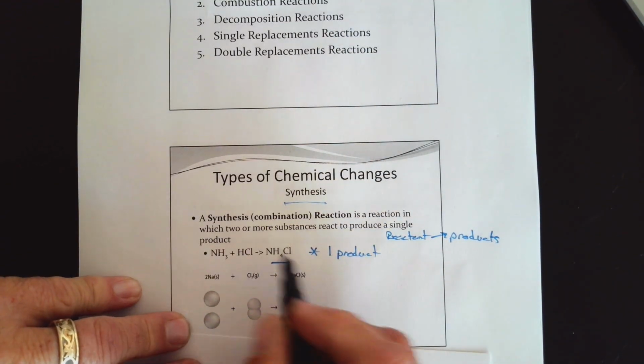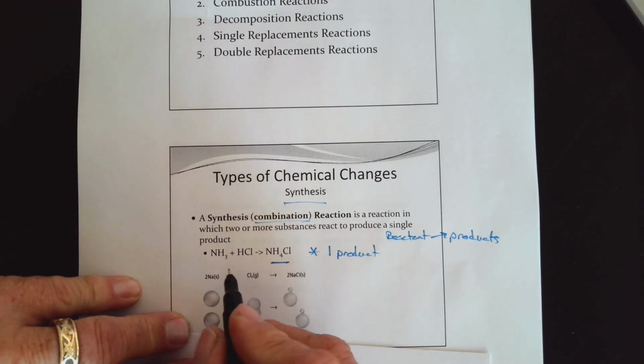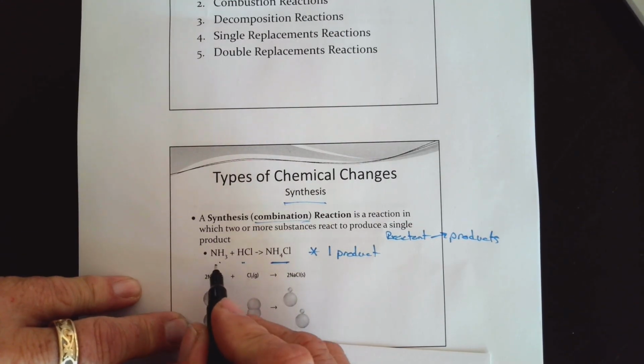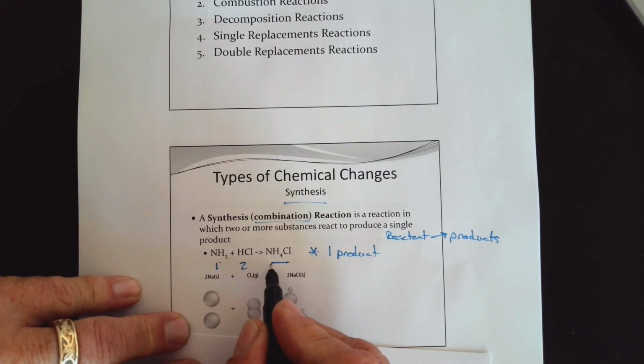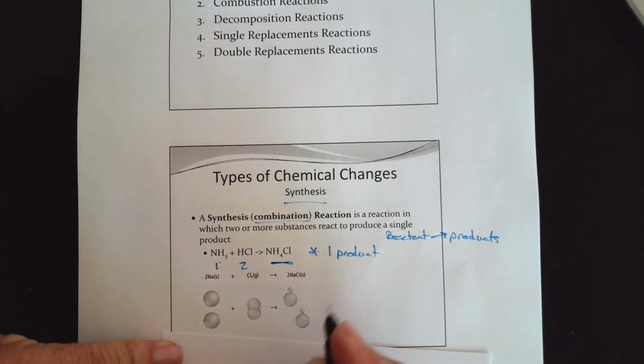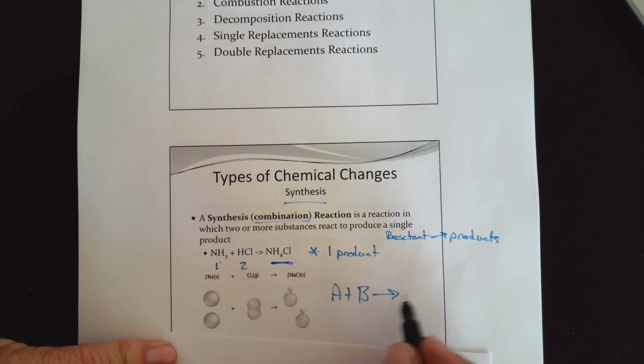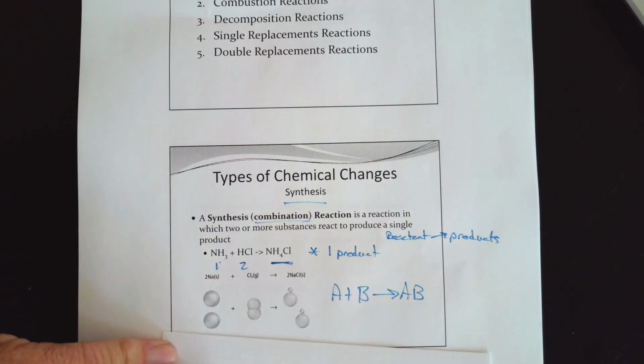So when we have a synthesis or a combination, and combination is really easy to remember, we're going to combine 2 things and make one. And the simple way that you might have seen it is something like that.